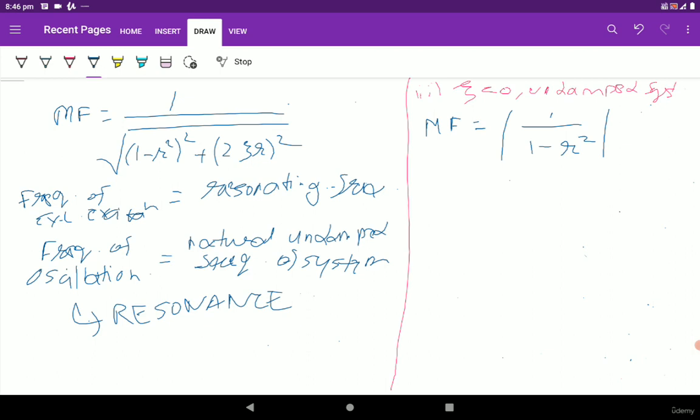Now the fourth case is if zeta is equal to 0 and r equal to 1, then the magnification factor in this case is infinity. The fifth and last case is if zeta equal to 0 and r is equal to under root 2, then the magnification factor is equal to 1.